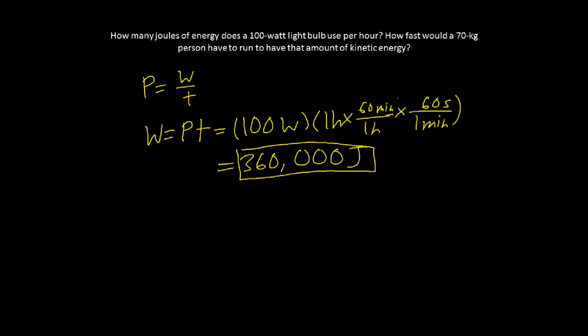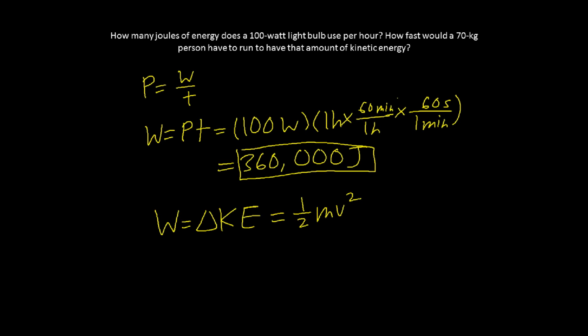Now let's solve for the velocity of the 70 kilogram person to match that amount of kinetic energy. We will use the work-energy theorem, W equals delta KE, or simply 1/2 mv squared.